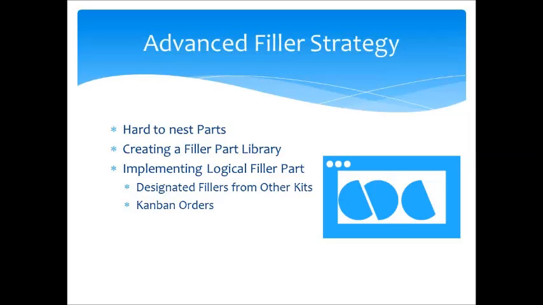Also, a lot of people use Kanban processes to order their parts. Kanban is a method where orders show up randomly, and you can select and identify Kanban orders as filler parts so that they remain filler parts for some period of time. Let's say typically you have a period of time to build Kanban parts.